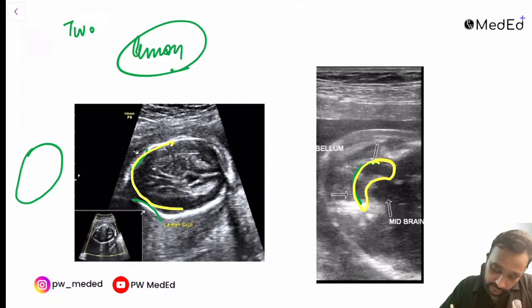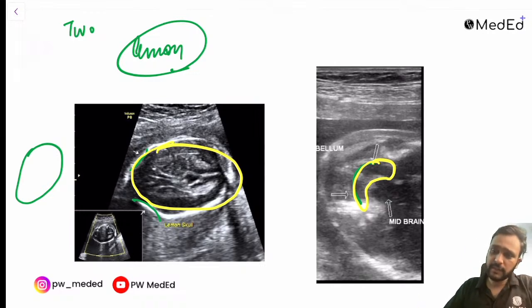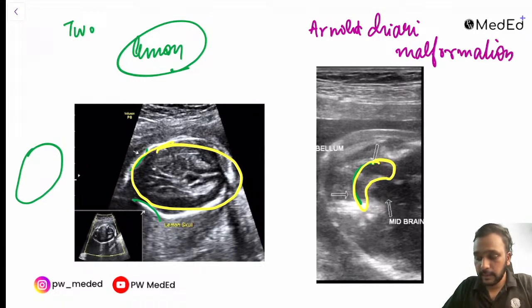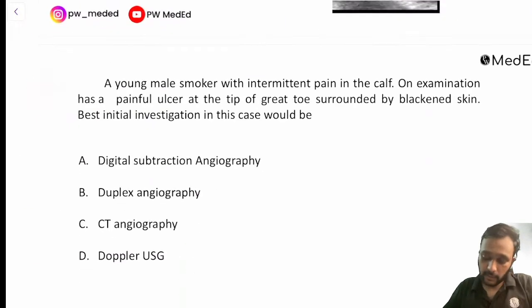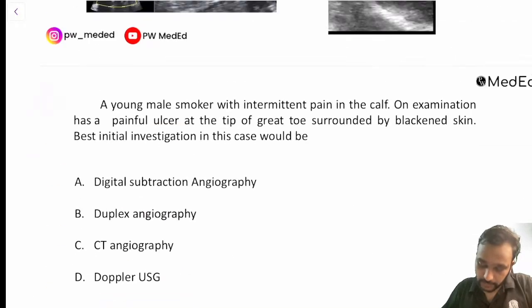So we have lemon shaped appearance and we have banana shaped appearance. So these are important imaging features of Arnold Chiari malformation, in which there is herniation of cerebellar tonsils, right?